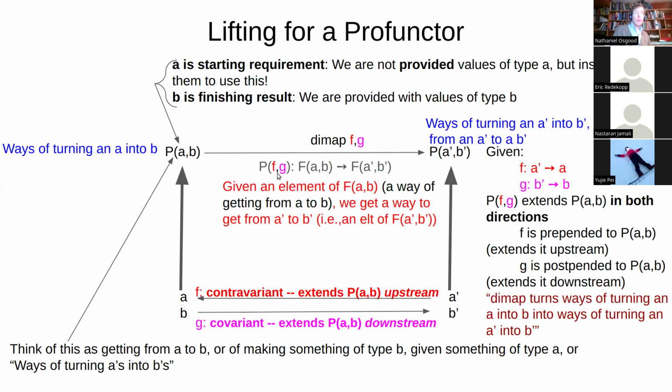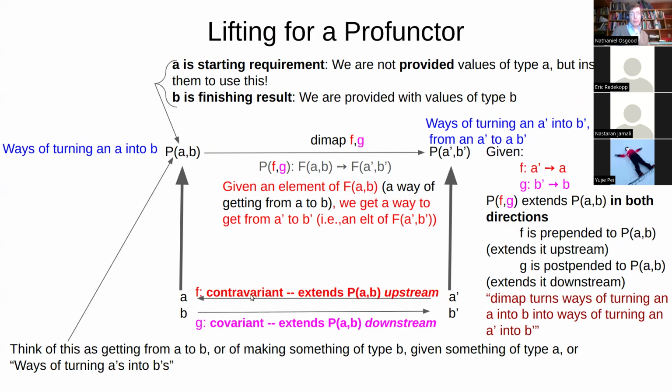The feature of a profunctor is it not only maps objects to objects, here a pair of objects into a set of heteromorphisms from A to B, but it maps morphisms f going from A prime to A, such that if you have the set of maps from A to B, you can get a set of maps from A prime to B. But you can also do it downstream in a covariant way, with a map from B to B prime.